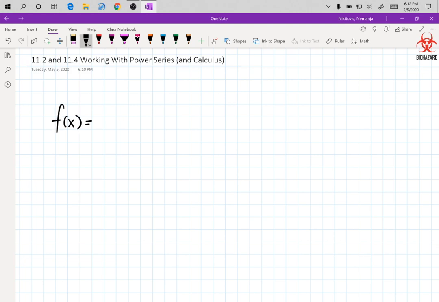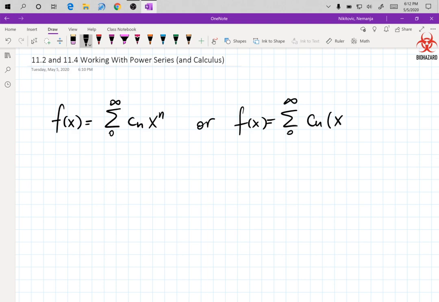So f of x is equal to the summation of c_n x to the n from 0 to infinity, or f of x is equal to the summation from 0 to infinity of c_n (x minus a) to the n if it's centered at a. So if you're looking for values that are not at 0 or around 0 but a little bit further away. And 1 is already infinitely far away, so that's another thing that you have to be careful about.